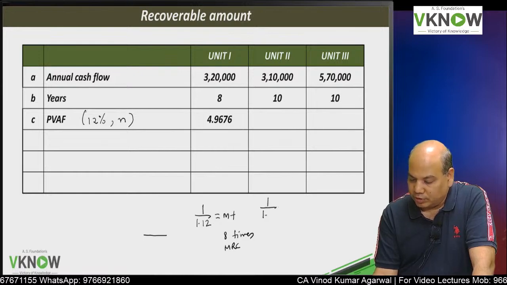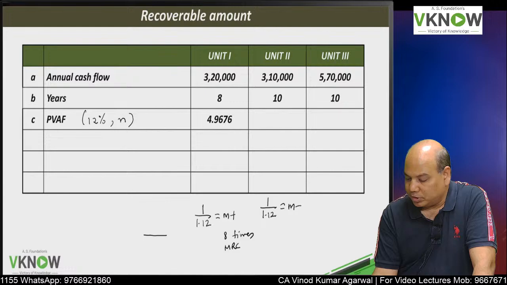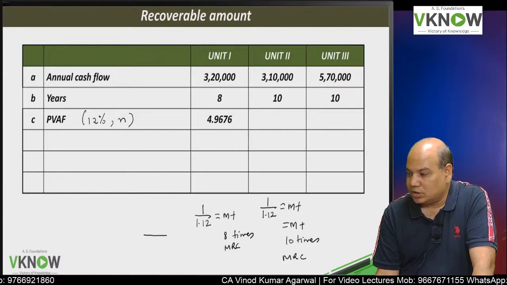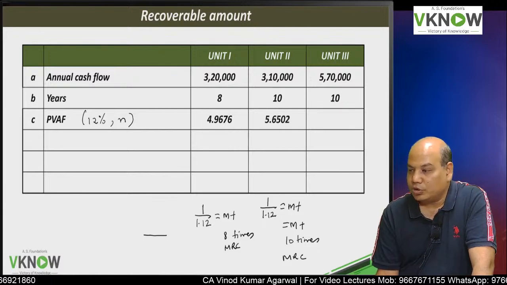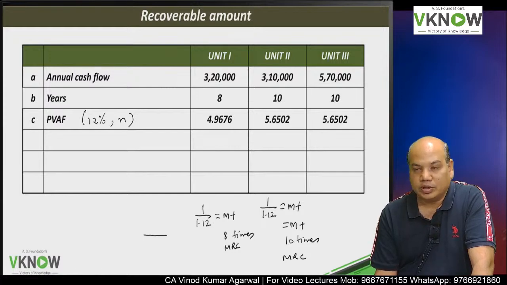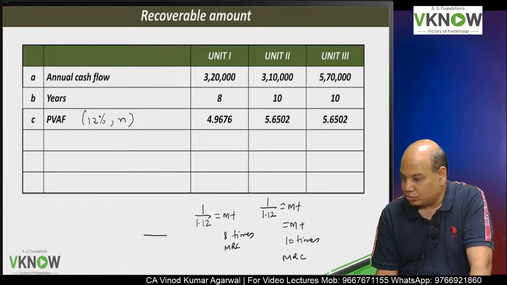Next column 1 divided by 1.12 equal to memory plus, 10 times memory recall function, you will get 5.6502, and the same answer for unit 3, 5.6502.